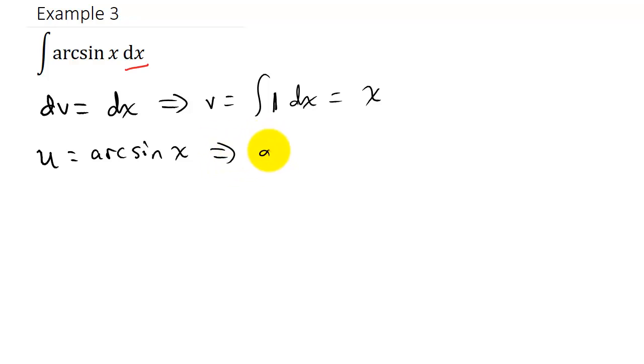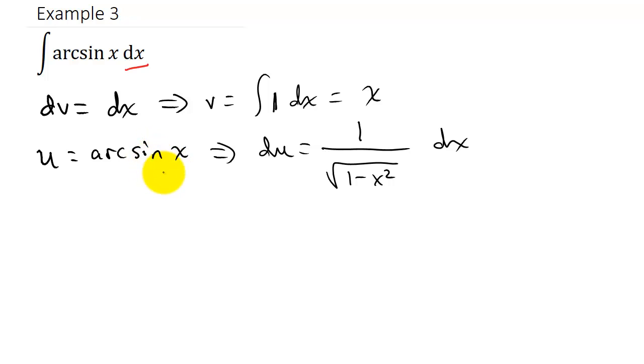So that means du is equal to, now do you remember your formula for the derivative of arc sine? That's 1 over the square root of 1 minus x squared dx. You can go back and look at your formulas.